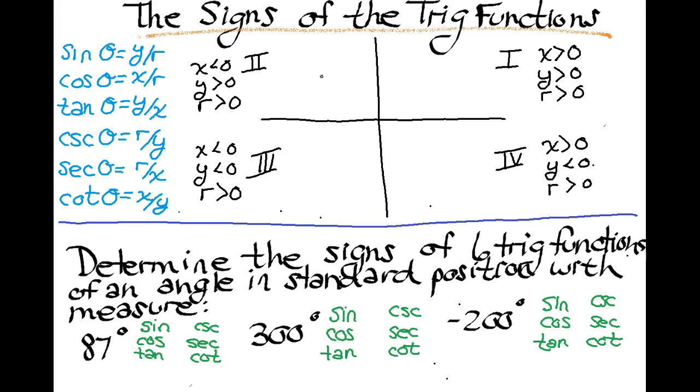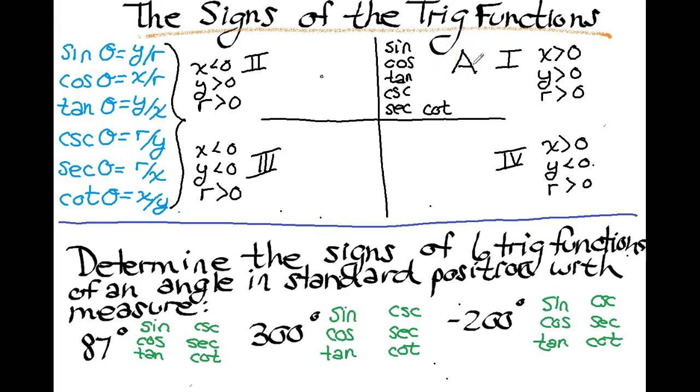So in quadrant 1, because x, y, and r are all positive, and our trig functions use x, y, and r, every single one of those functions will be positive in quadrant 1. So sine, cosine, tangent, cosecant, secant, and cotangent will all be positive. So I'm going to mark this quadrant with an A for all.